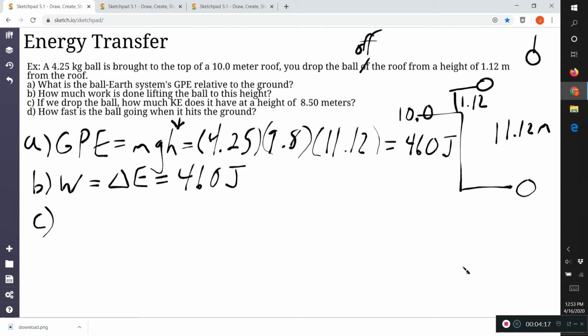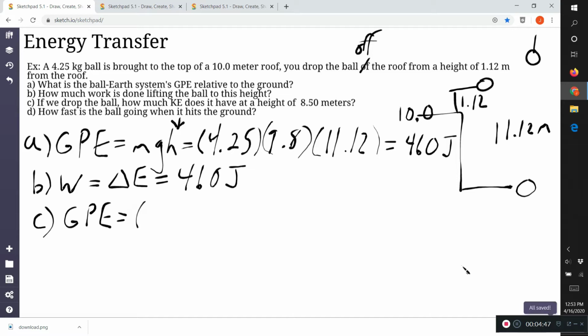The complicated way was to work backwards using what we know about gravity and kinematics to figure out exactly how fast it's going and then establish its kinetic energy based on its velocity. But if we understand the key concept here, the energy transfers, let's find its gravitational potential energy at 8.50 meters.